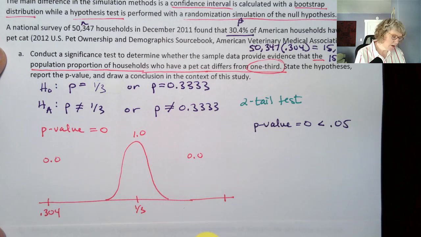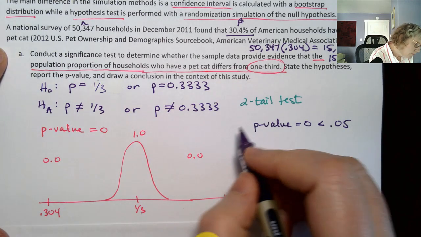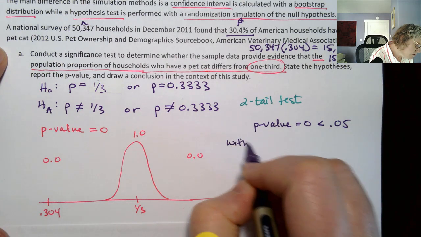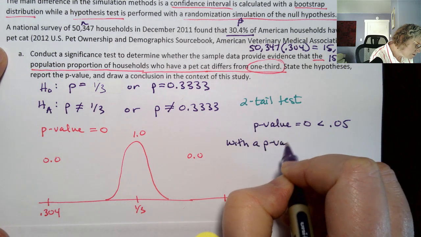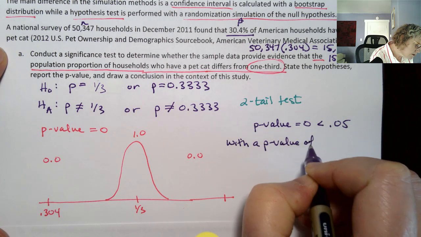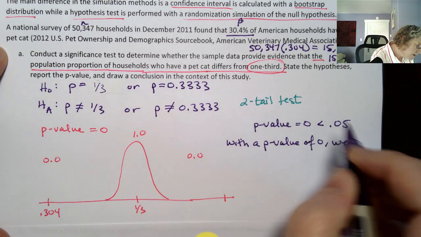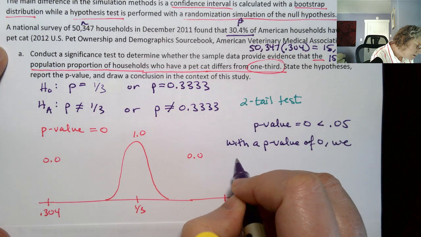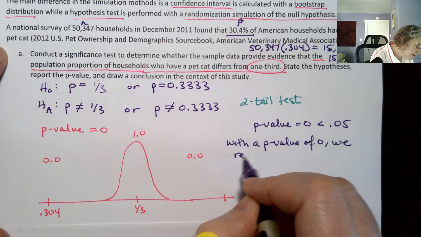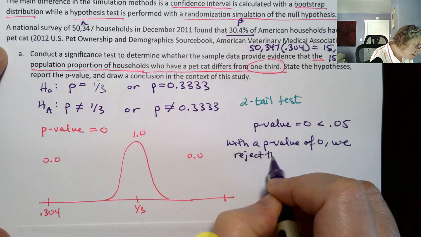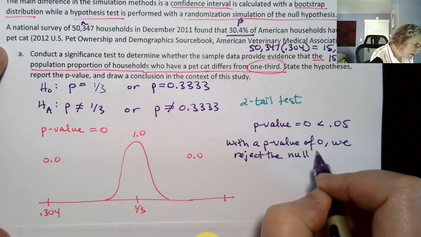So let's go ahead and write out our conclusion. With a p-value of 0, this is significant. We reject the null hypothesis.